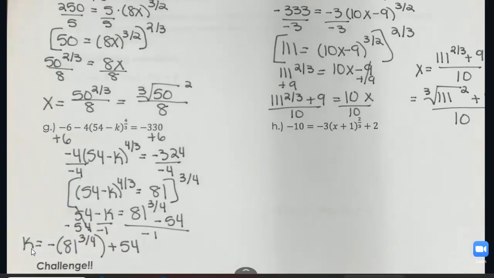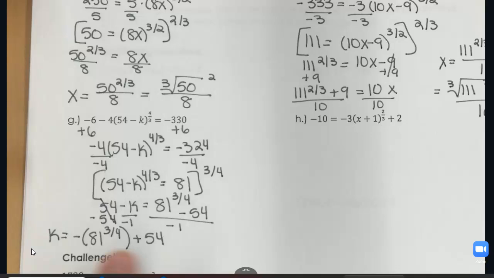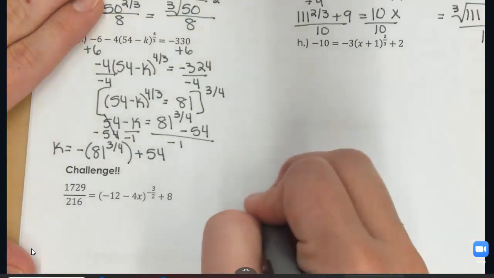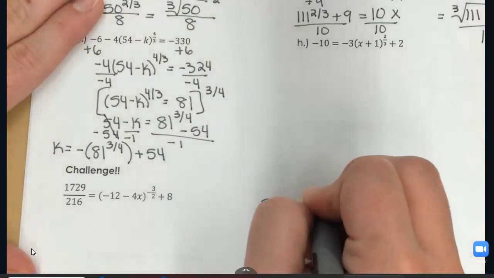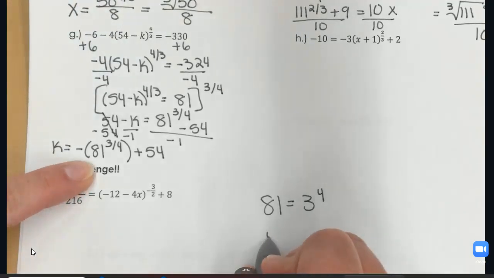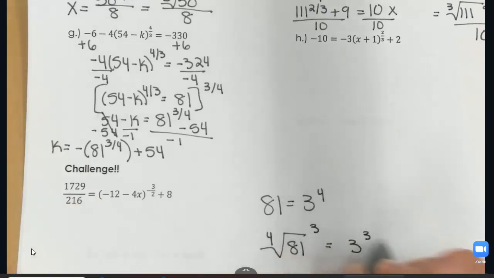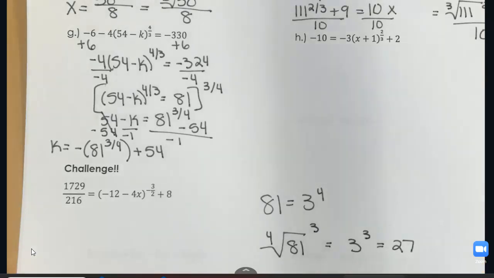Now, we have not drilled super hard memorizing perfect thirds, fourths, etc. So I would not expect you to take it further than this. However, if you did recognize 81 is a perfect fourth, 81 is 3 to the 4th power, so this could be simplified further. If I had the 4th root of 81 cubed, that is equivalent to 3 to the 3rd power, which is 27.